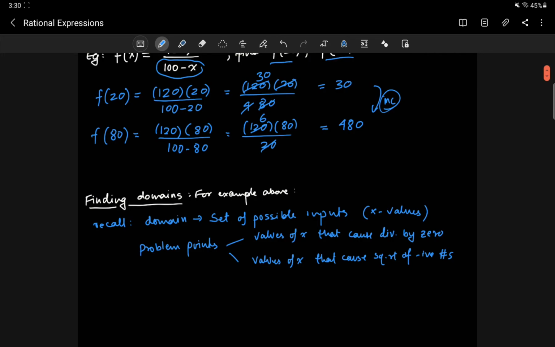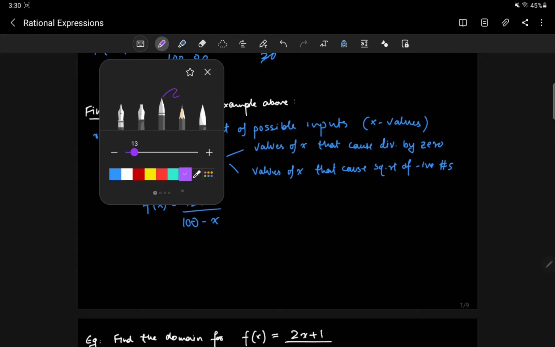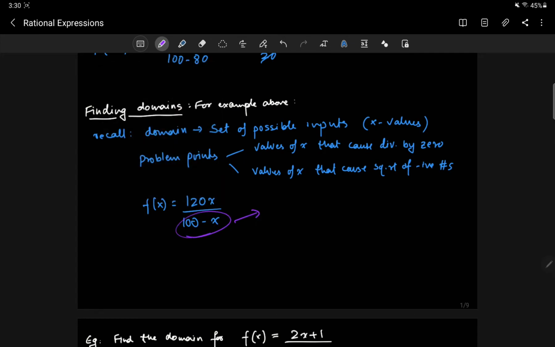If I look at this function, the first thing I notice is that there is no square root, so I don't have to worry about that. But there is a possibility that this denominator becomes 0, and the denominator is 0 if 100 minus x is 0, or if x is 100.